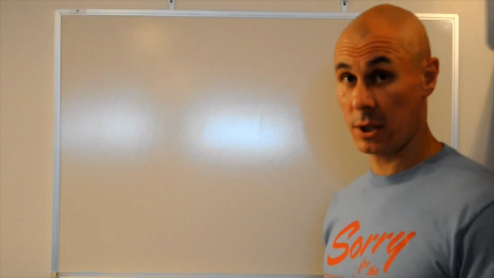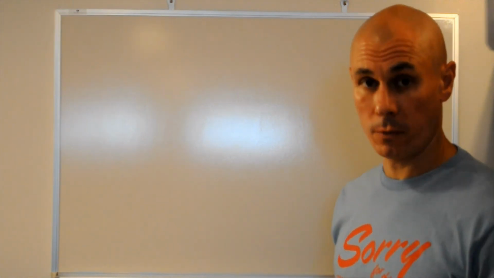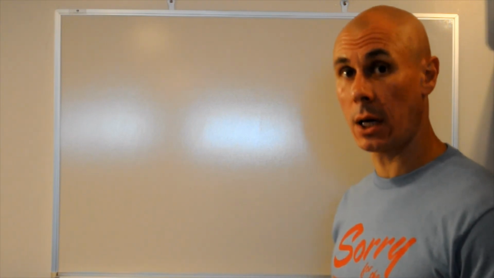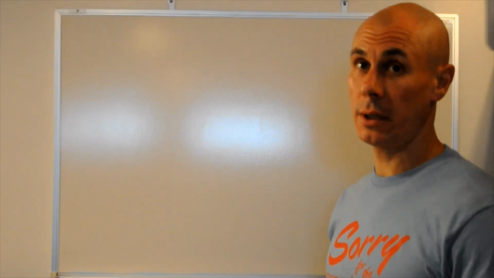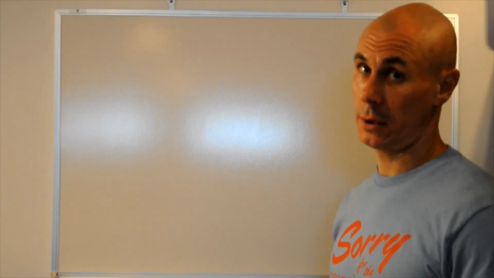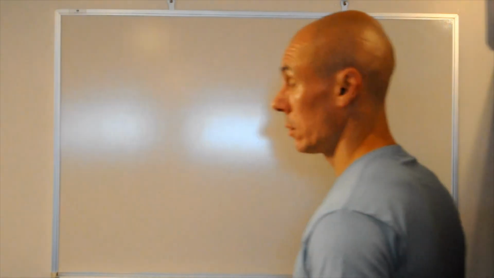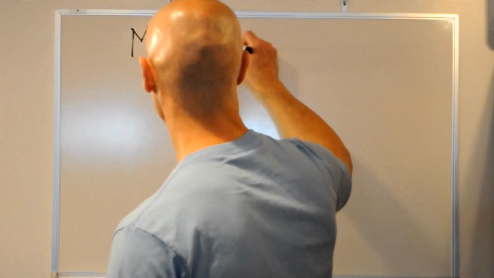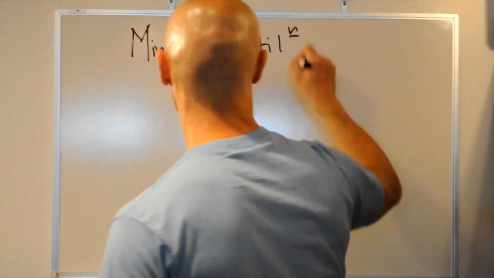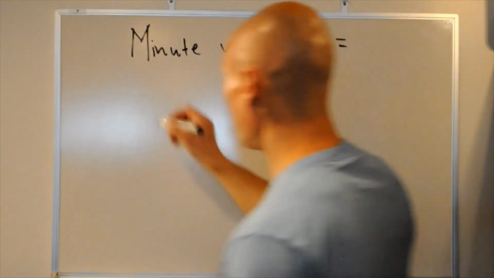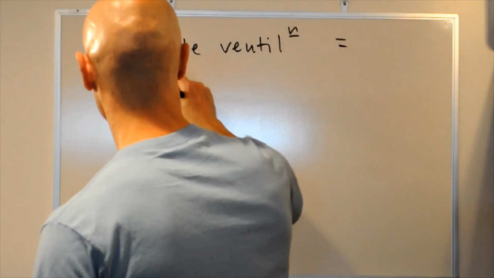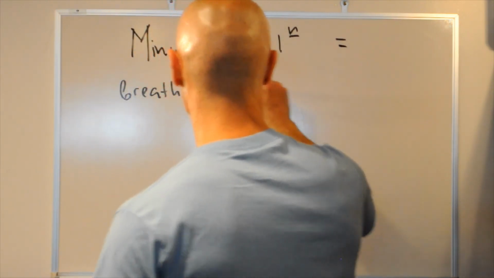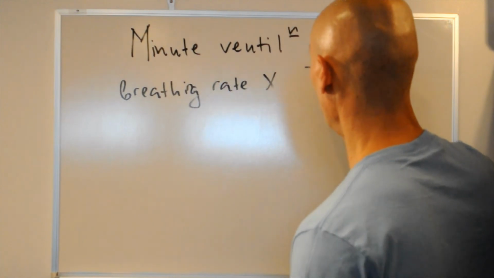After that productive discussion of the volumes and the dead space, we can figure out the concept of minute ventilation and alveolar ventilation rate. So what is minute ventilation? It's your breathing rate multiplied by the tidal volume.